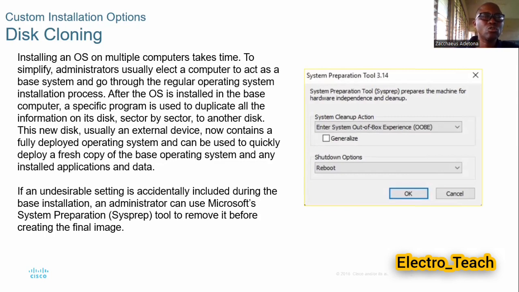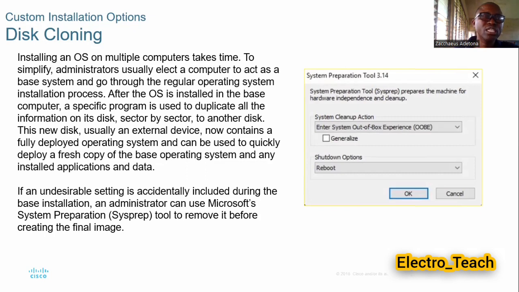And this is saved onto a particular drive, like an external drive, like a DVD drive or a flash drive. What is copied is called an image of the initial installation on the base computer.